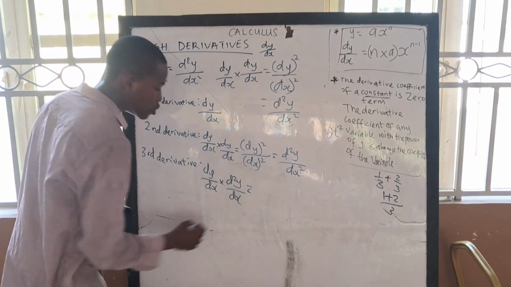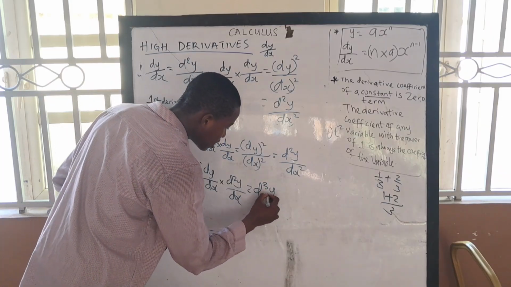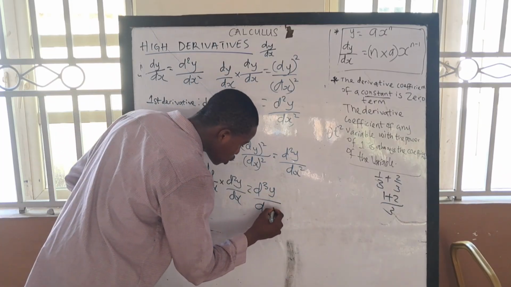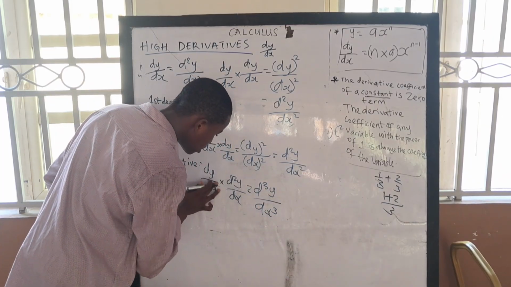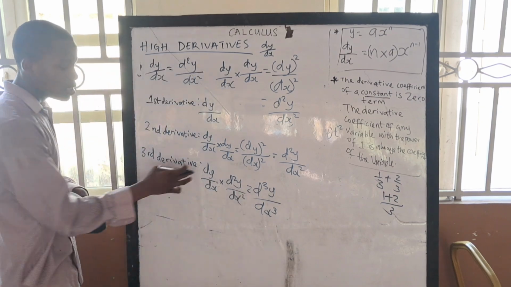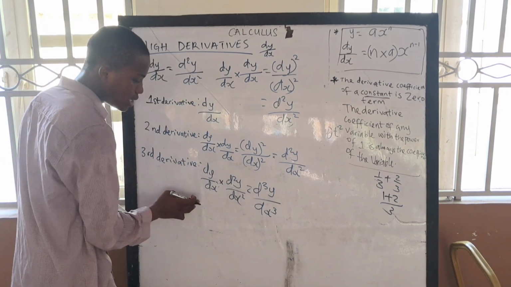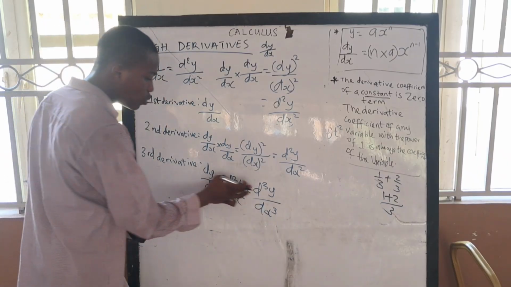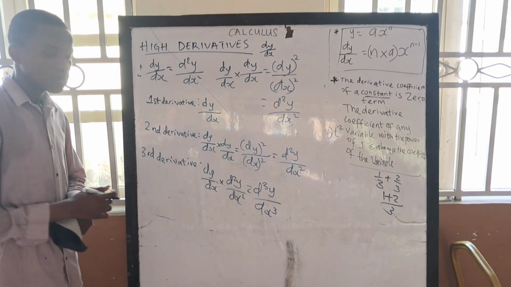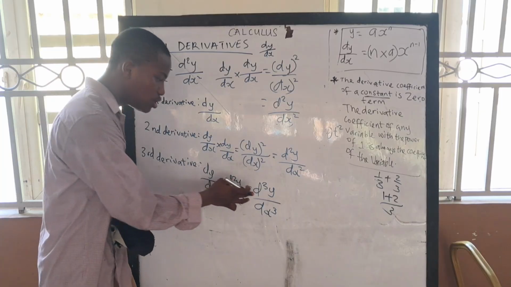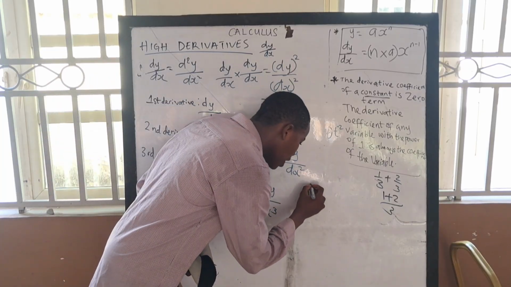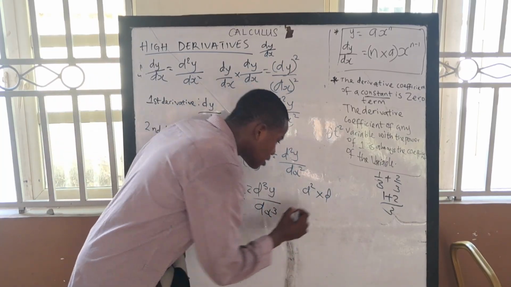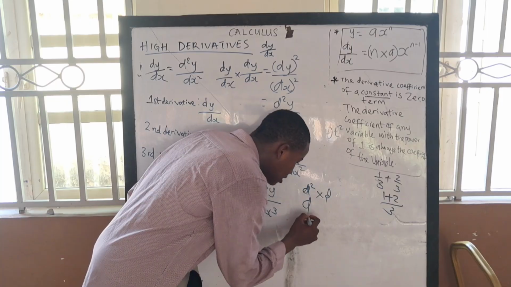So now, this is what? d^3y/dx^3. It's d times d squared, then y, then x times x squared is x cubed. So d^3y/dx^3. d squared times d is d cubed, since they have the same base, right? I write it out.